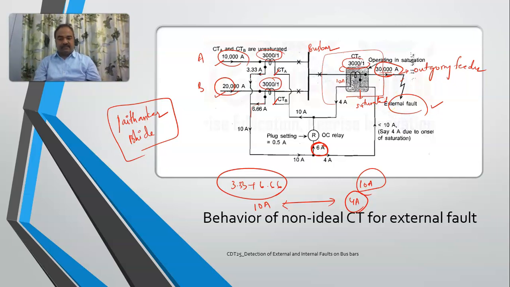So it has become saturated. Because of the saturation, it is allowing less amount of current, and because of this, even for external faults, my relay is operating. Understood? So a saturated CT may falsely give an alarm for external faults also.